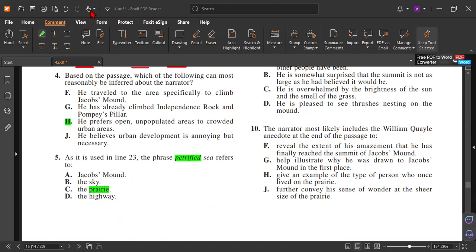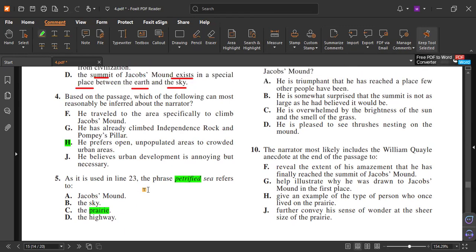So he wanted to describe what could be the sea. So it's a common word for just like wide or enormous area, flat land without trees. Could be. So he wanted to describe the sea. We are not talking about highway or a sky, right?